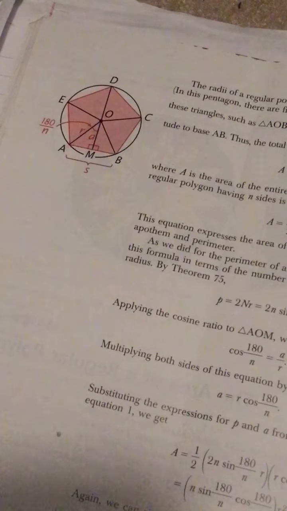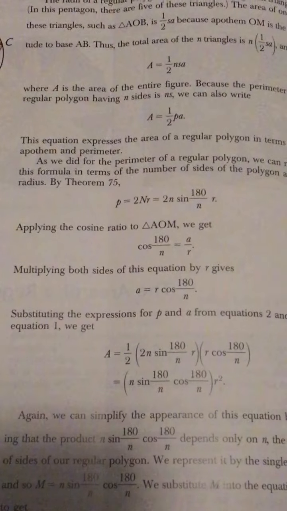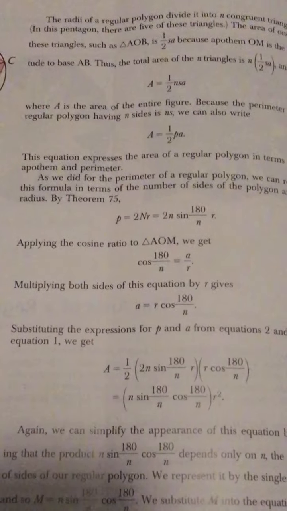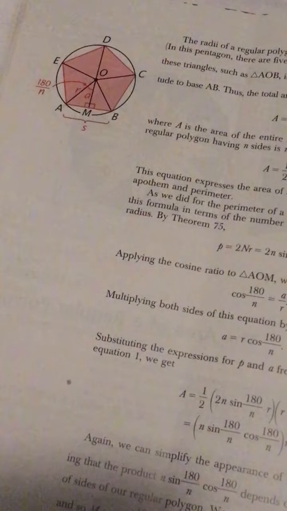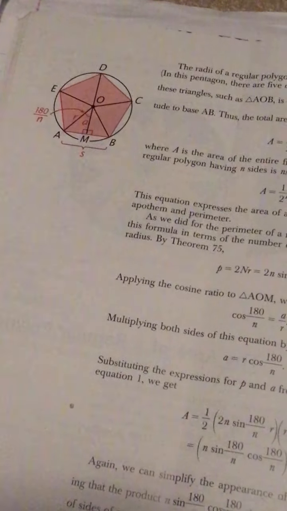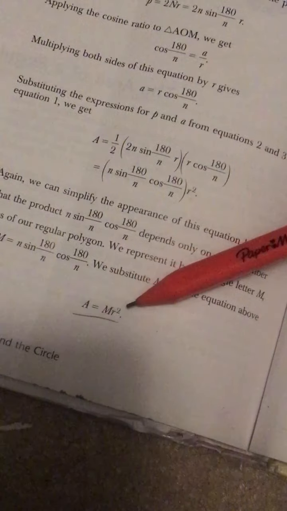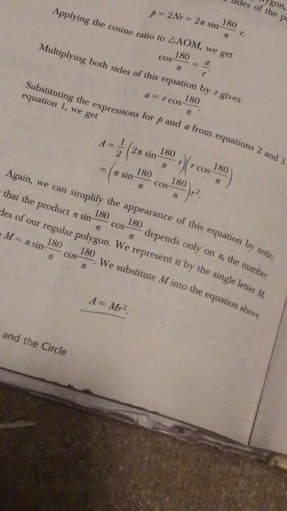Okay, so all of this over here is just saying that. So don't get too worried about that. All that is saying we're going to take the parts of this triangle and use it to find the perimeter of our polygon. And then we're going to boil it all down into this little formula here at the bottom. A equals mr squared. Okay?